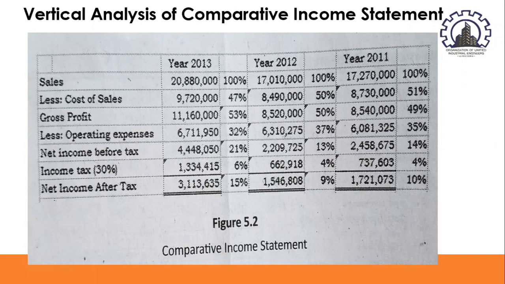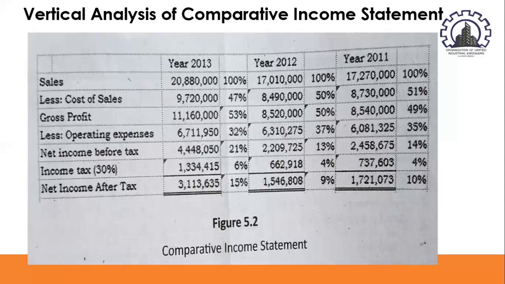It focuses on the major components of the income statement. Now, using vertical analysis, sales are considered as the standard of comparison at which all other figures are compared. Since sales are the standard of comparison, sales will be 100%.